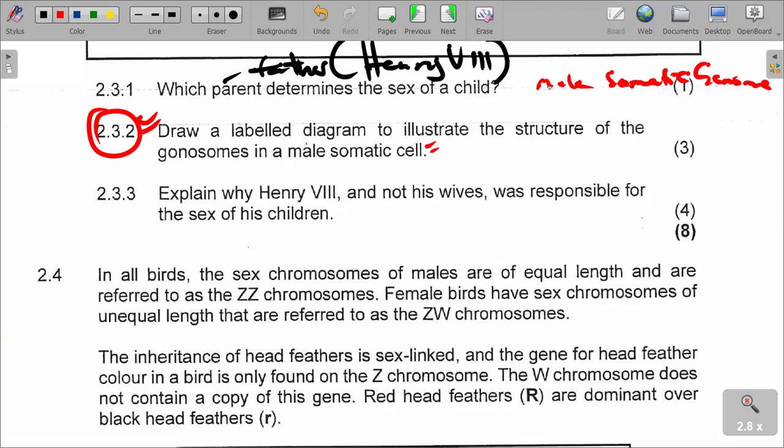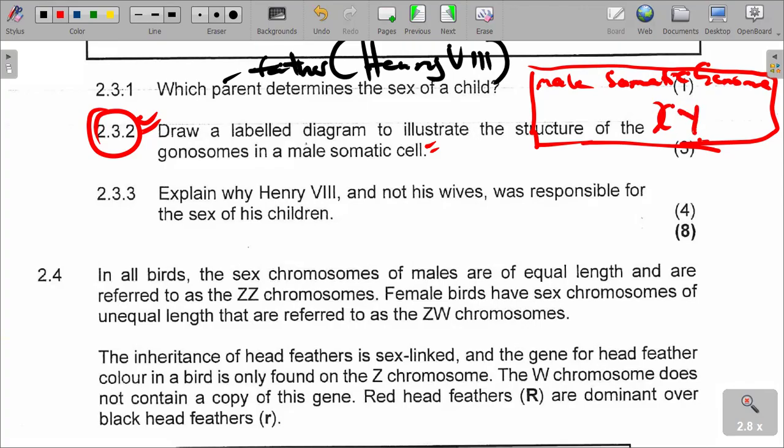So what we need to understand is what we are doing here. The caption, male somatic genome, is the caption, so we can just show our X and our Y chromosome.